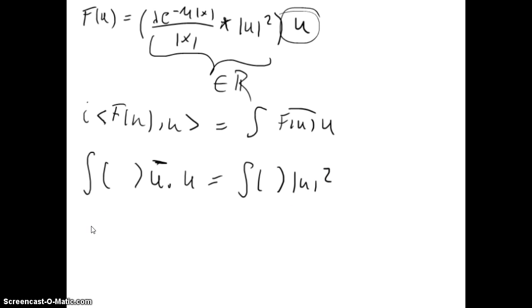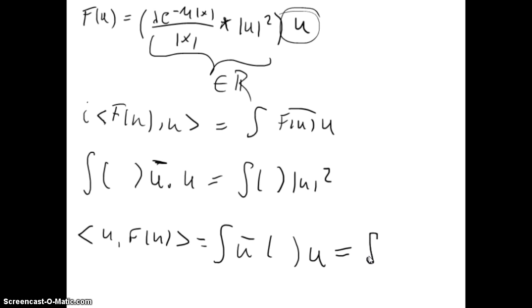And now what about (u, f(u))? Once again we have u conjugate times f(u), which is the parentheses, real, multiplied by u, and this will again be |u| squared.